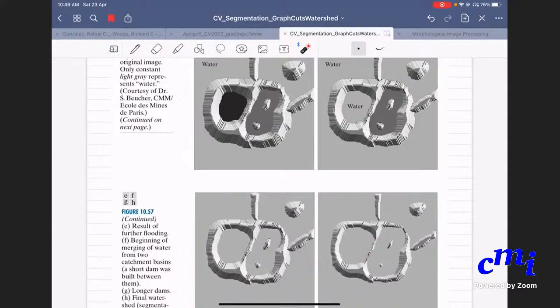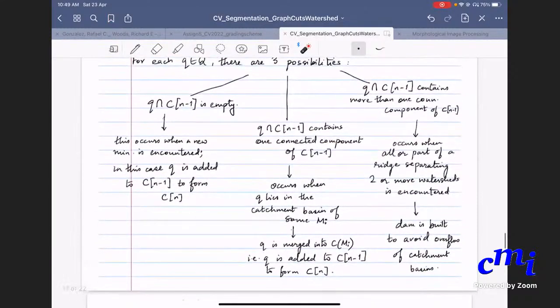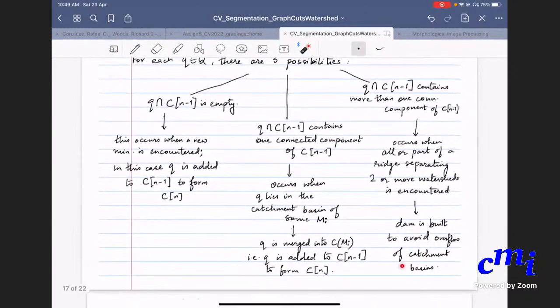The water will have flooded above this ridge. So for that Q, when this overflowing begins, you build a dam to avoid overflow of the catchment basins.